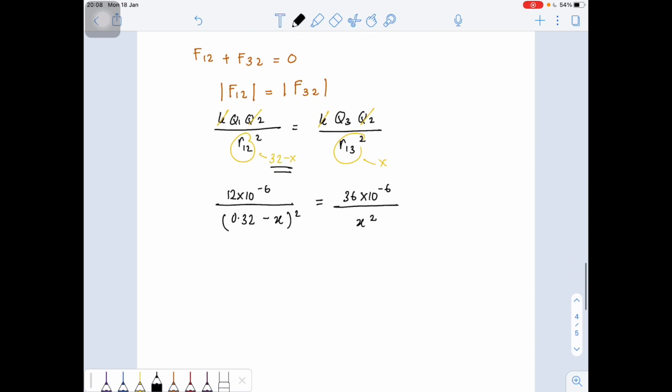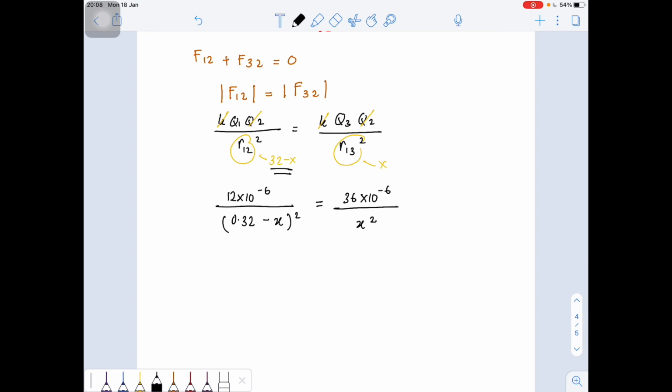From here I don't need to show you the mathematics. The final answer you should get is 0.203 meter. Okay, that is all for example 4.